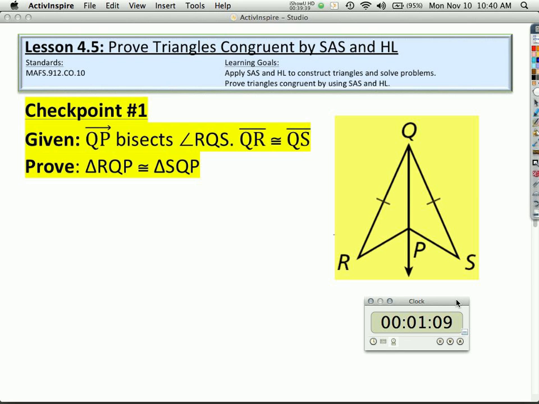So angle by 6. You can't take Q as the angle, because it has 2 angles.